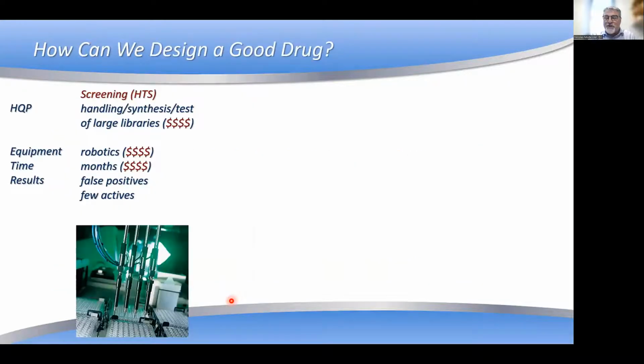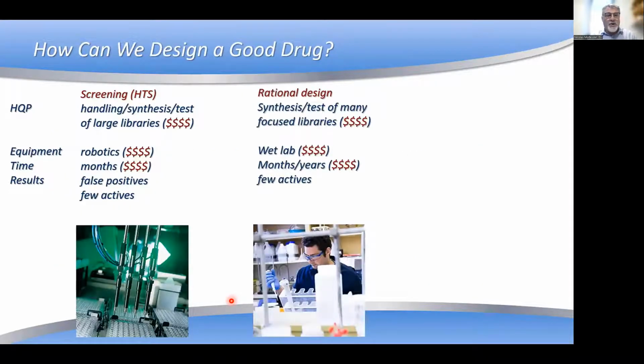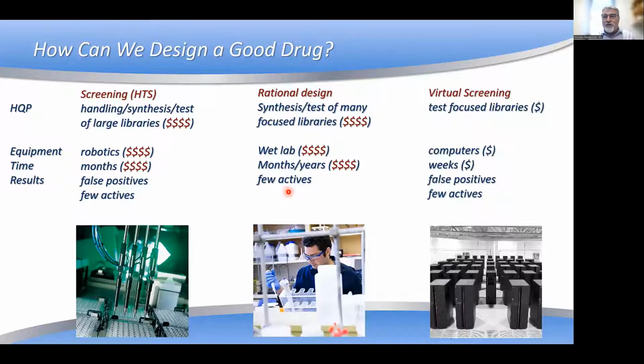So we need to find strategies. You can do large screening, so randomly trying to find a molecule. You can do rational design, where you try to find the properties and how a molecule can act in the way you want it to act. Or you can do virtual screening, so you're testing everything on computers. What does that mean?